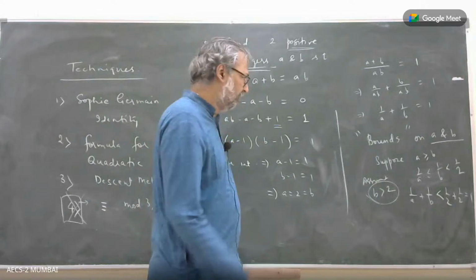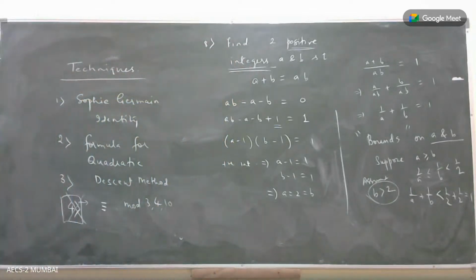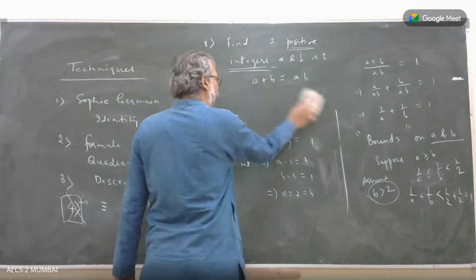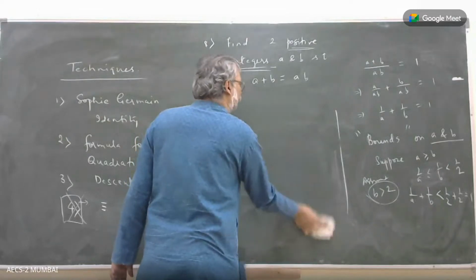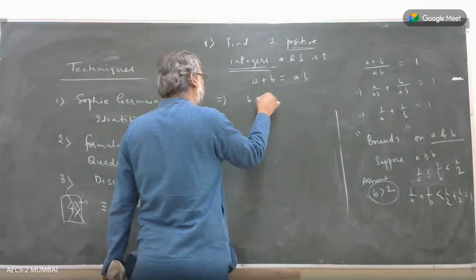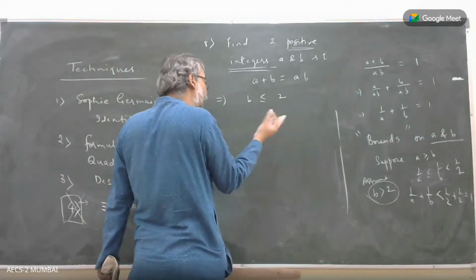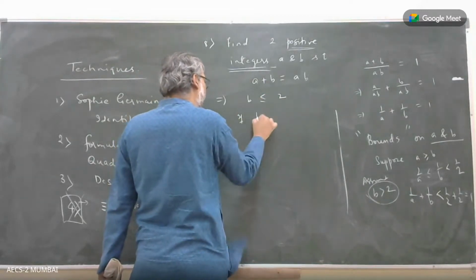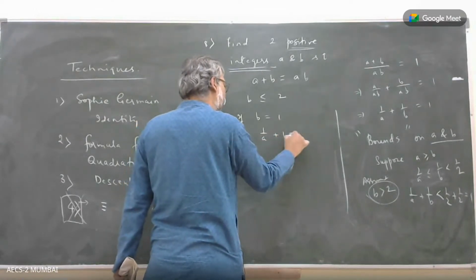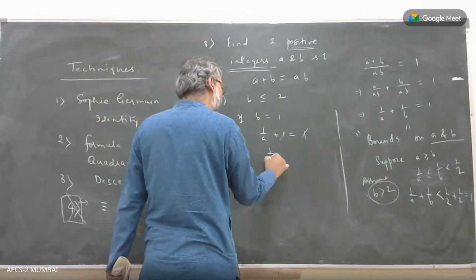So my B can be either 1 or 2. If B is 1, I get 1 by A plus 1 is 1, which means 1 by A is 0.